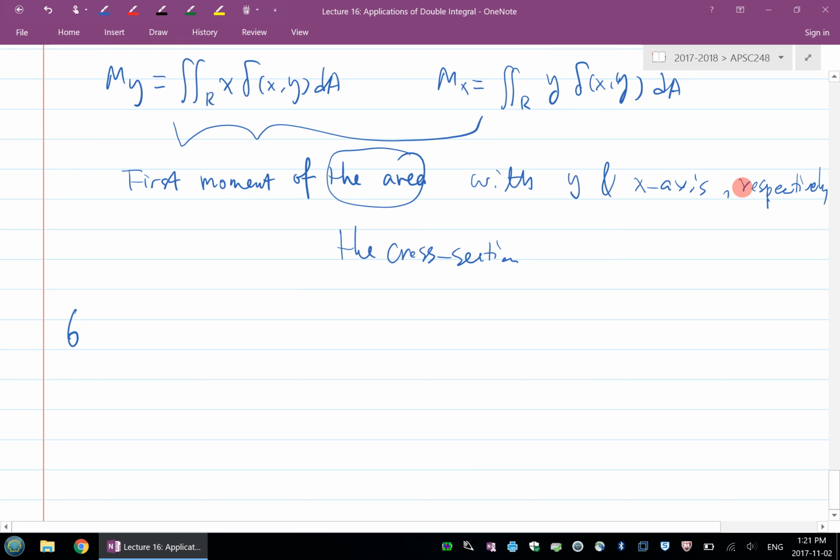Number 6, as you can probably guess, is the moment of inertia. More precisely, because we're talking about a thin plate, which is just a cross section we're considering, this will be the moment of inertia of the area.